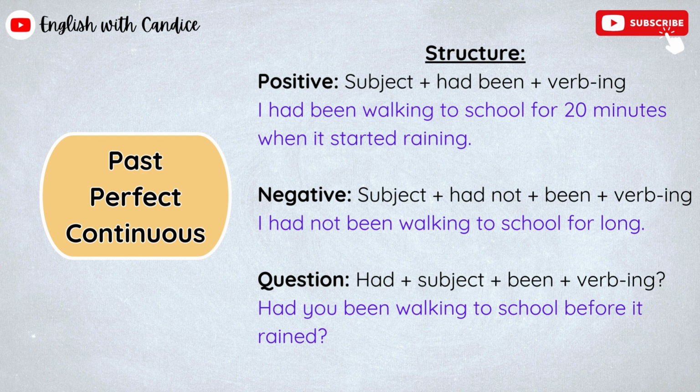For negative sentences, it's had not been, followed by the verb with ing. So, I had not been walking to school for long. To ask a question, start with had, then the subject, been, and the verb with ing. Had you been walking to school before it rained?